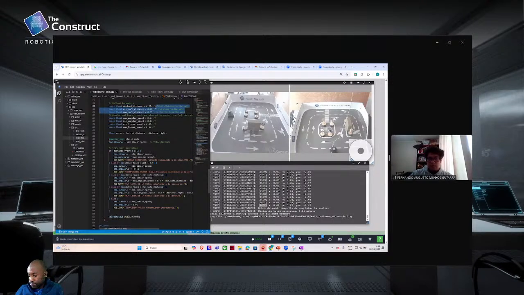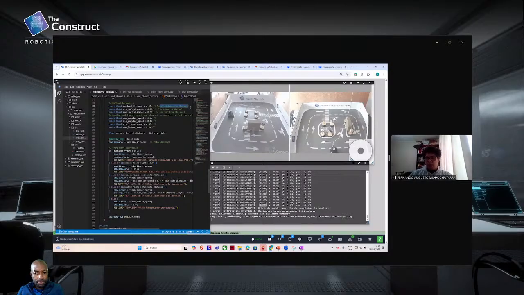I think this is the most important, because first I just put 0.3 meters as the ideal distance, but the robot doesn't stay at the ideal distance all the time, because it drifts many times to the left or to the right.